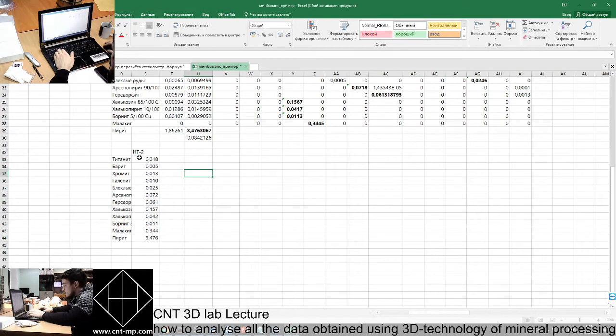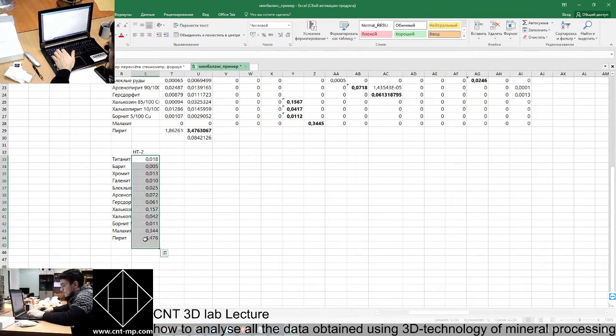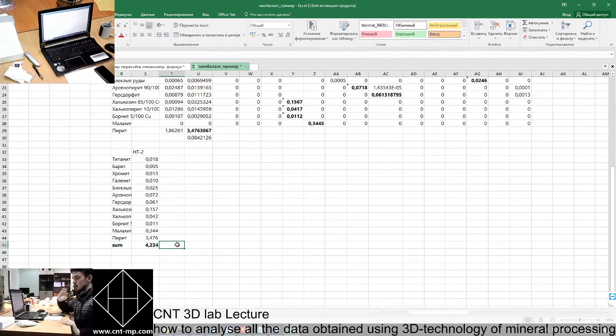So if you summarize the percents of these heavy minerals, there are only 4% of the whole material for that fraction.